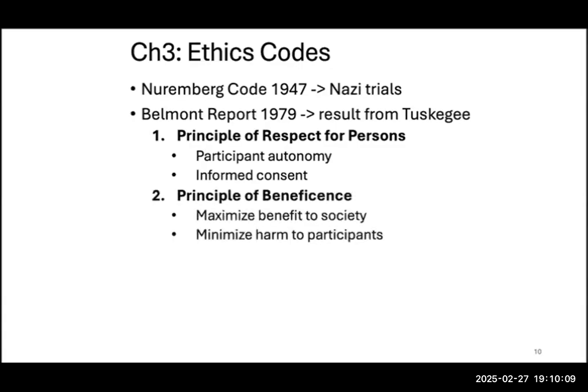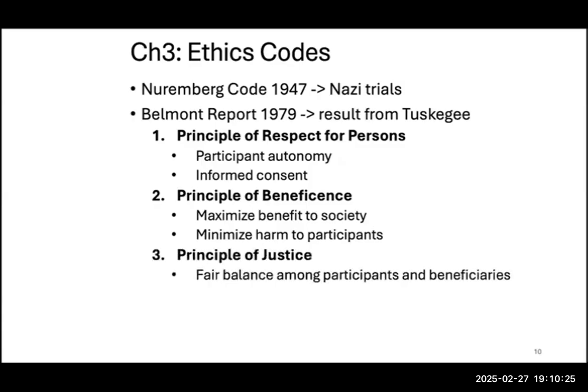And we also want them to be informed of what they're getting into. We also have the principle of beneficence. Beneficence means benefit to society. Non-malfeasance means no harm. So we want to maximize the benefit to society and minimize the harm to participants. We have the principle of justice, meaning that those who participate in the studies should also be benefiting from it. So those are the main things we got from the Belmont report and the Nuremberg Code.